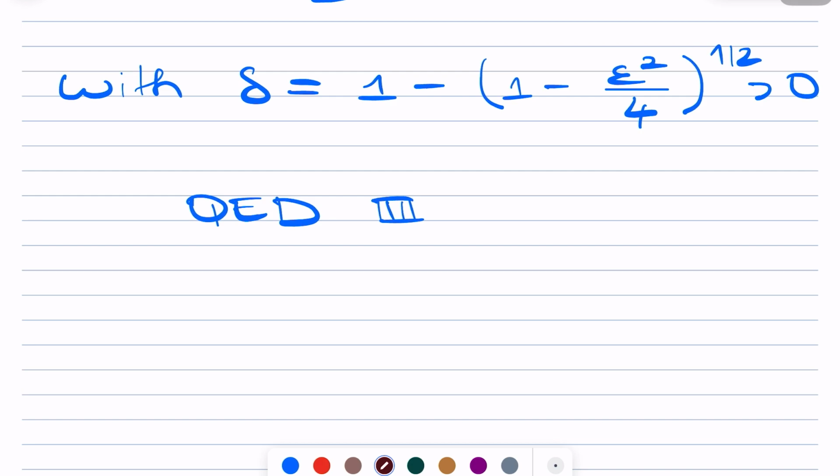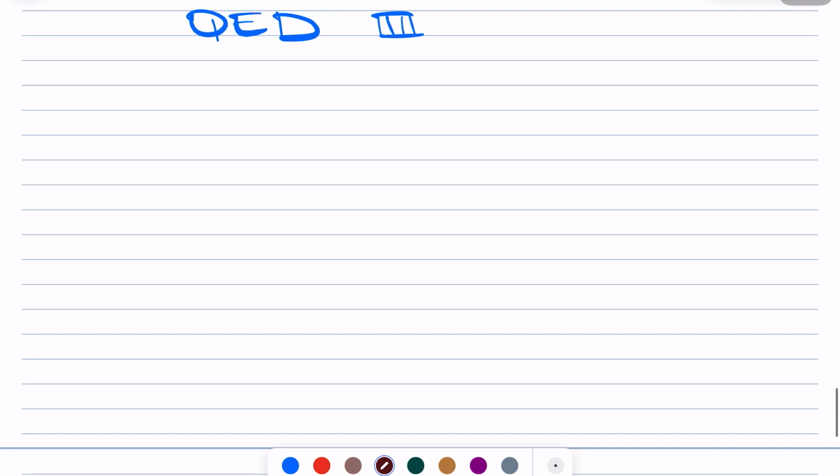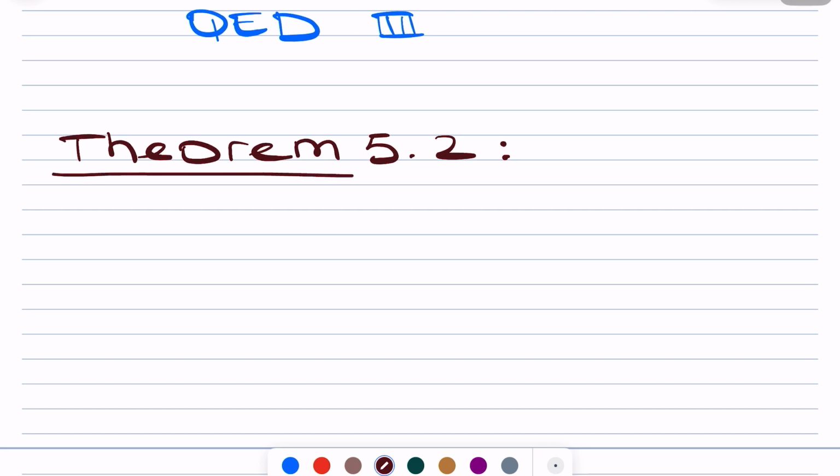Okay, so now let's state our first theorem, I think the main theorem of this lecture, which is a very important theorem, because it is really applicable in various domains such as stochastics and optimal control and so on.